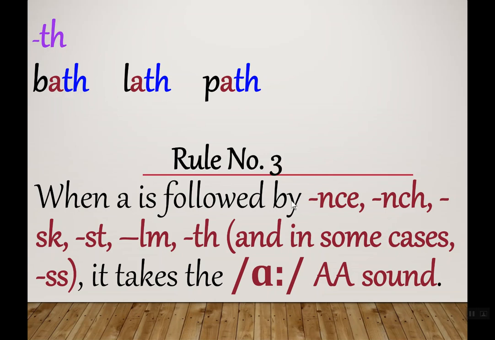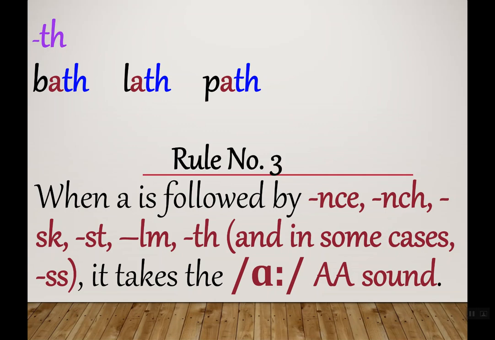So, what is the rule here? When the consonant clusters NCE, NCH, SK, ST, LM and TH, and in some cases SS come after A, the vowel takes on the R sound.